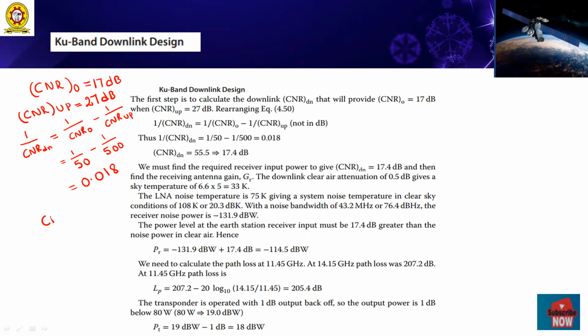What is the CNR here? CNR down is the reciprocal, 50.5, approximately equal to 17.4 dB. So here note down the first reading: CNR down equals 17.4 dB.